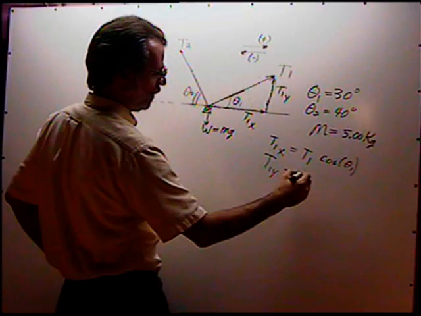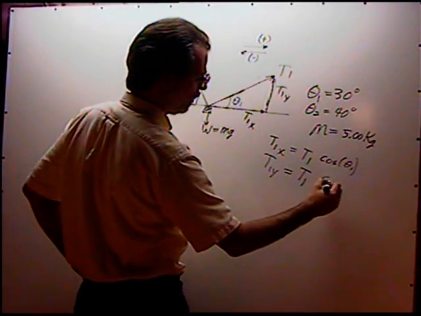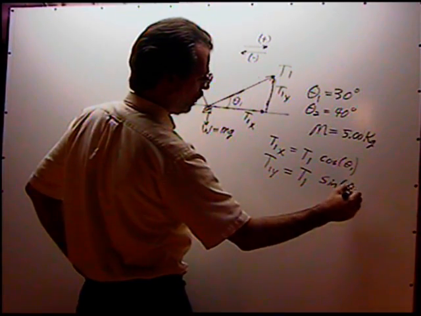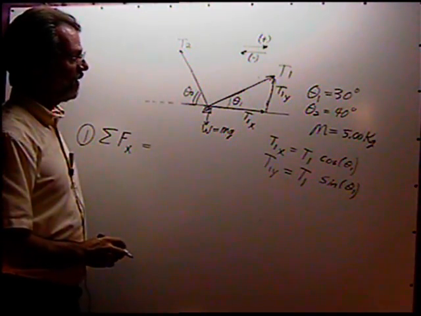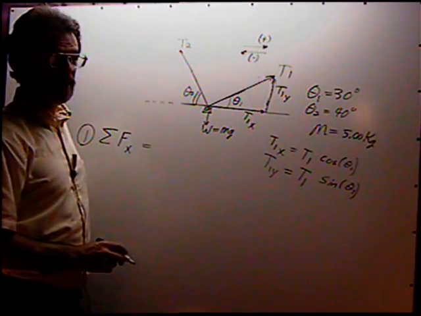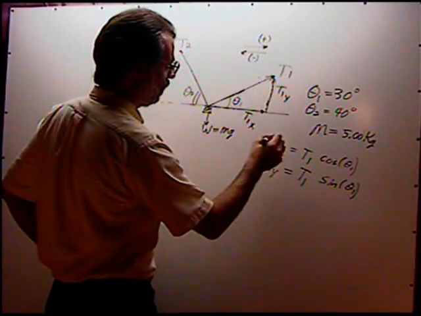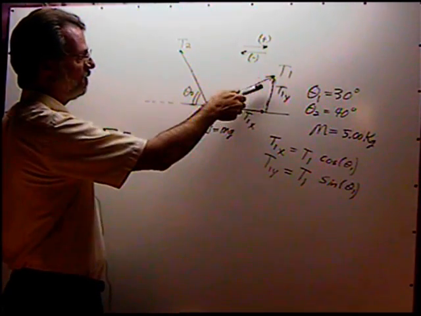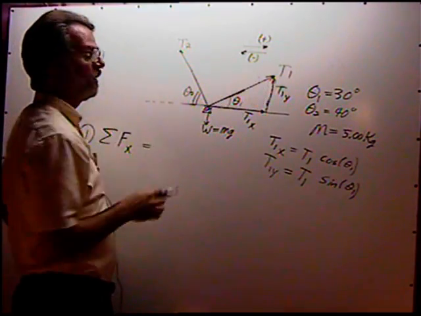T1y would be T1 times the sine of theta 1. That comes from chapter 3 and chapter 4, so by now you should have a good feeling of how to take a vector, a force like this, and break it up into its x and y components.